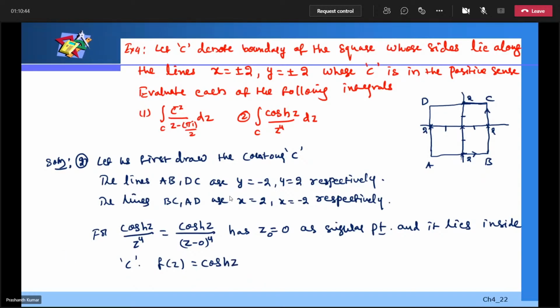So now we apply the Cauchy's integral formula.